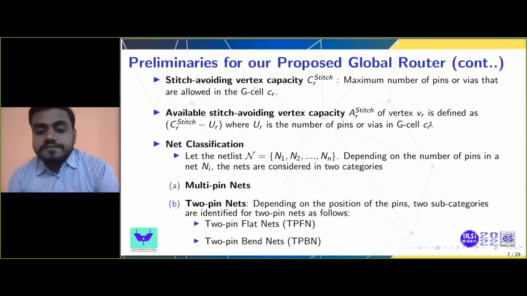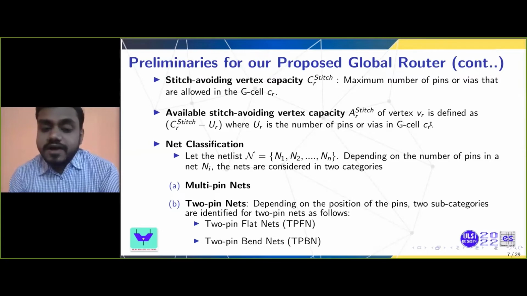We also define a stitch avoiding vertex capacity to reduce the number of pins or vias on a particular cell to minimize via and short polygon violation. We first classify nets into multi-pin nets and two-pin nets, and further classify the two-pin nets into flat nets and bend nets depending on the position of the pins.